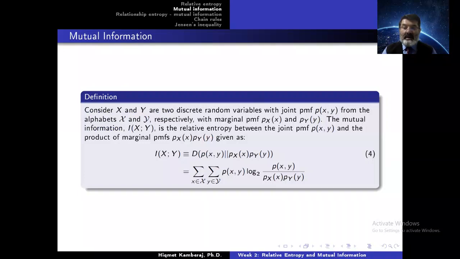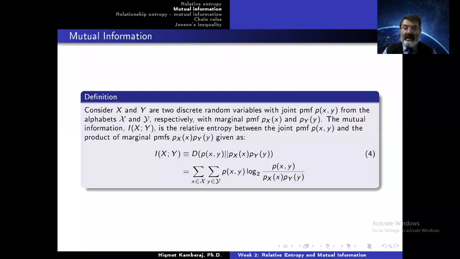Consider X and Y are two discrete random variables with joint probability mass function p of x and y from the alphabets chi and epsilon respectively, with marginal probability mass functions p of x and p of y.